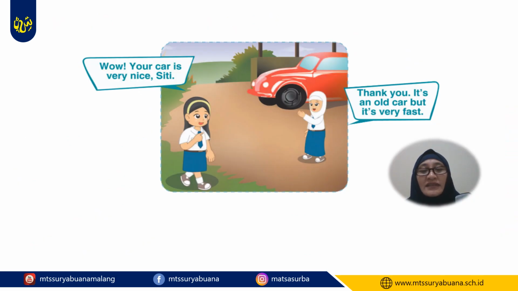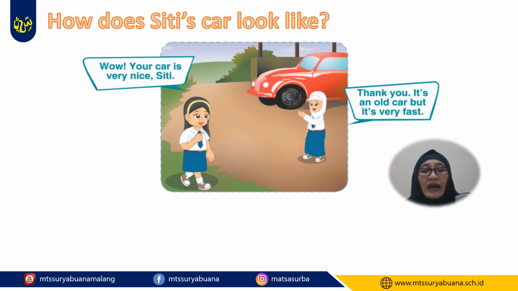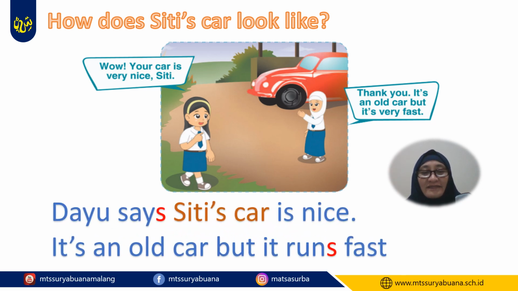Now, what about Siti's car? How does Siti's car look like? Dayu says that Siti's car is nice. And then Siti replies that her car is old but it runs fast.